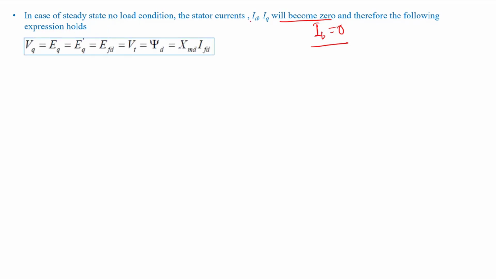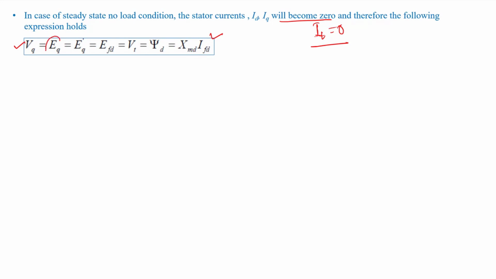If we substitute ID, IQ as 0 in your steady state equations, we will find all these conditions. Now all these equations become VQ equal to EQ equal to EQ dash equal to EFD equal to VT equal to psi D equal to XMD IFD. So this is under no load condition, right?